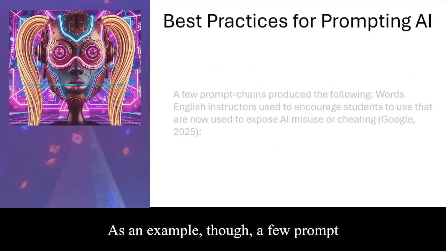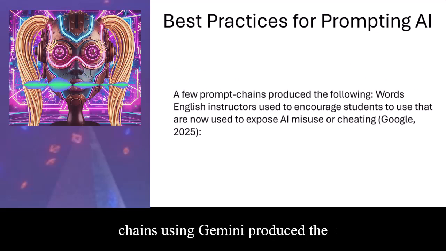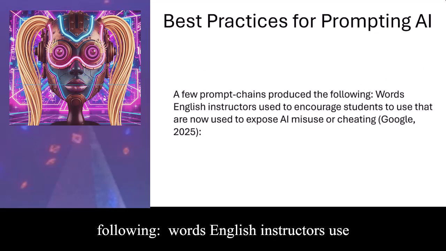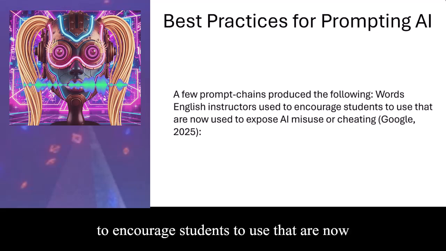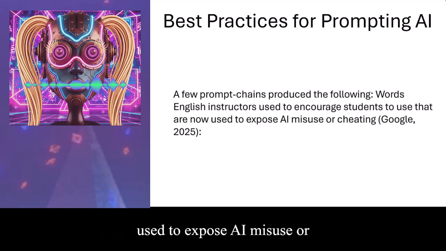As an example, though, a few prompt chains using Gemini produce the following. Words English instructors used to encourage students to use that are now used to expose AI misuse or cheating (Google, 2025).